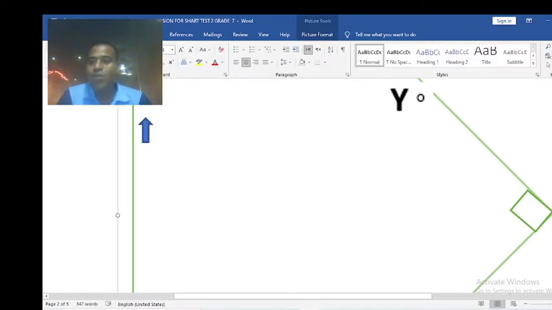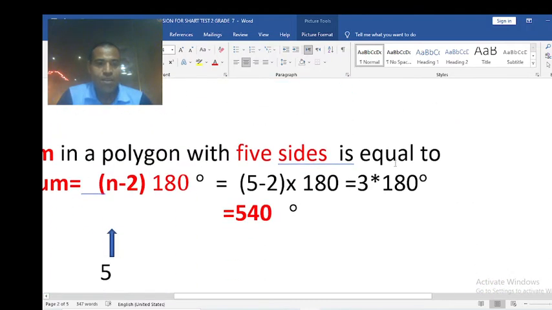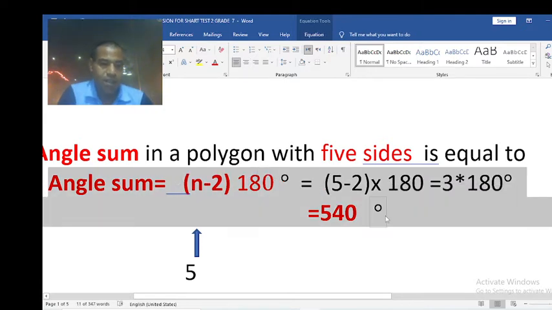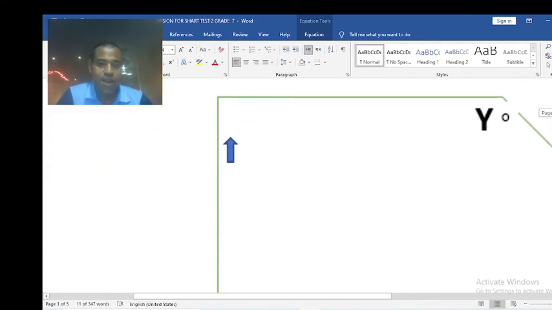So we'll go back to what we did before, the angle sum. I will make a copy for this because I need it. This question can be solved by that.